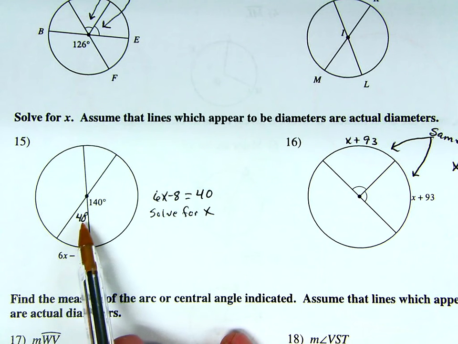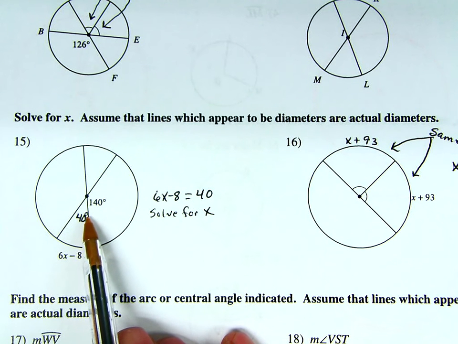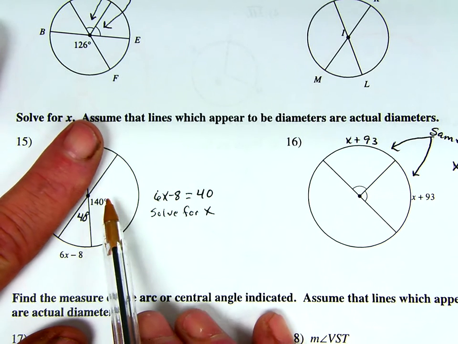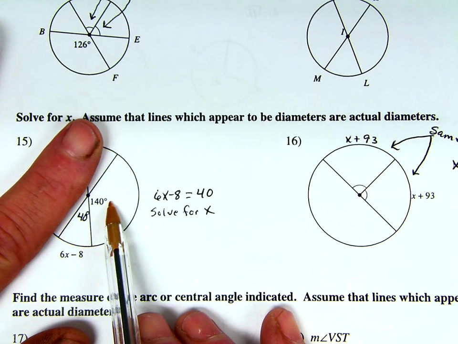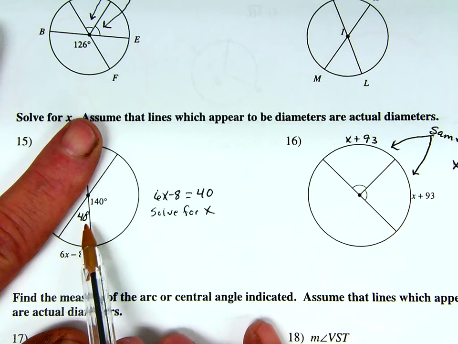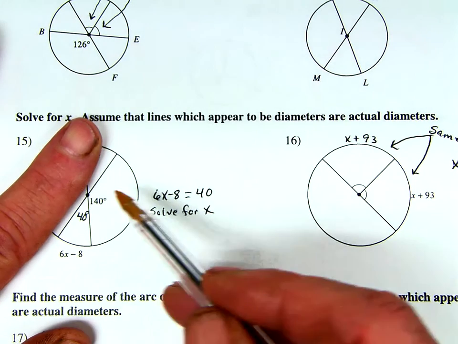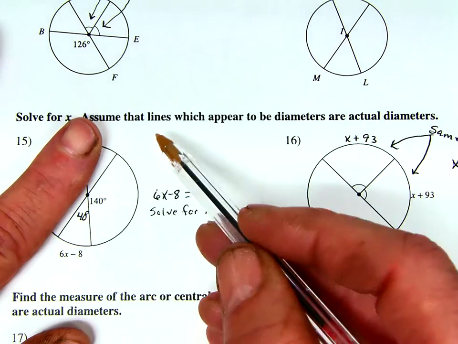This is 40 degrees. It's not 48, it's 40 degrees. I just didn't write that very well. How do I know it's 40 degrees? Because this 140 degree sector plus this one have to add up to equal 180 because there's a diameter right here.